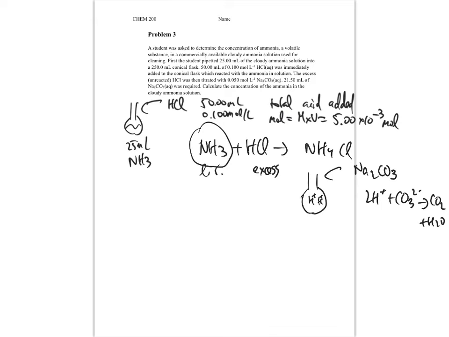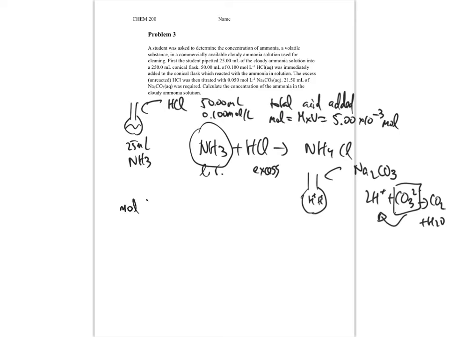So here we have a titration. Well, from the carbonate that we use, we can calculate how much acid was left over. From the leftover acid and the total acid, we can calculate how much acid reacted with the NH3. So let's do this calculation.